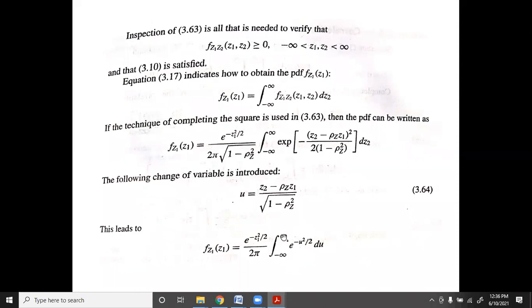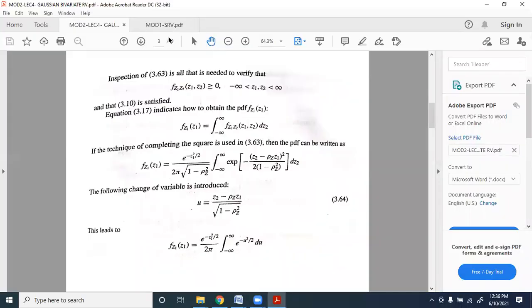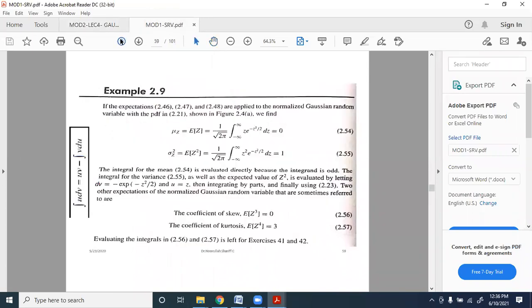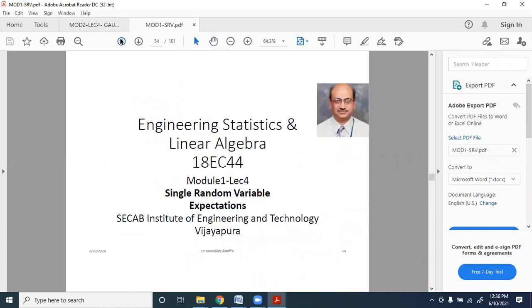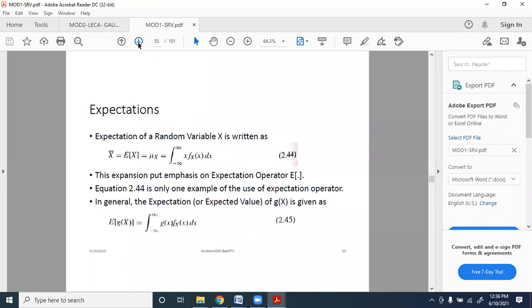So once we get root of 2 pi for this, because 1 by root of 2 pi integral from minus infinity to infinity of e to the power of minus u squared by 2 will be equal to 1. We can go back and check in module 2, whatever we have written there, and check that it will turn out to be the quantity which we have. Okay, so the integration of the PDF for the whole of the range will be equal to 1.